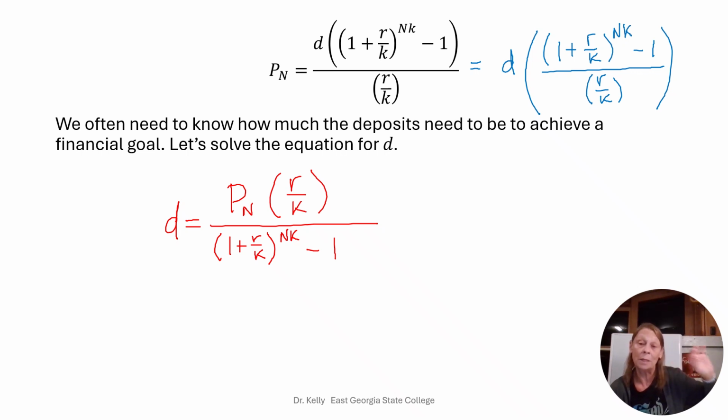That would be P sub n, and then you would start playing with all the others and figure out what your payments need to be. So it's really useful. But of course, there's software that does it now. But it's really important for you to understand where all the numbers come from and what the numbers stand for inside of an equation, so you can understand it a little more deeply.